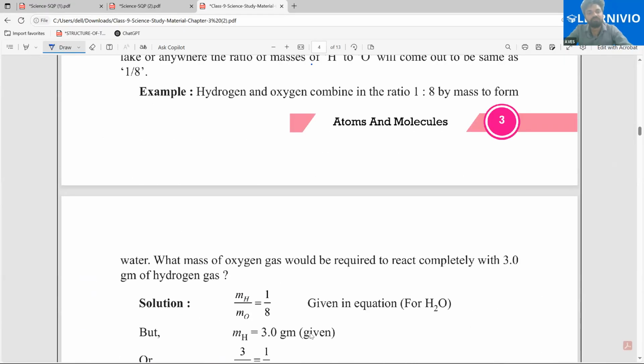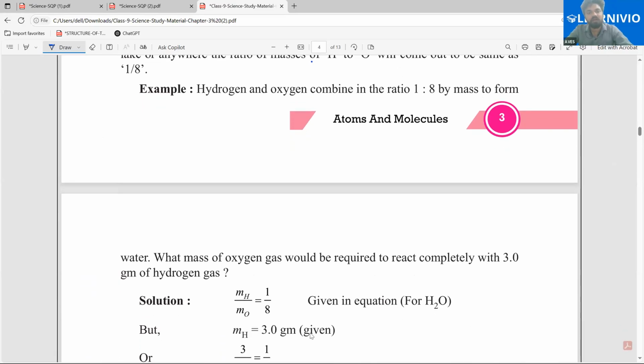Write down this question. Hydrogen and oxygen combine in a ratio of 1:8 by mass.